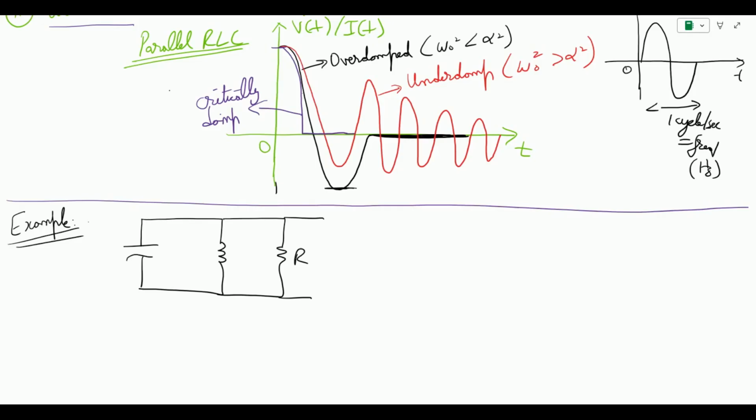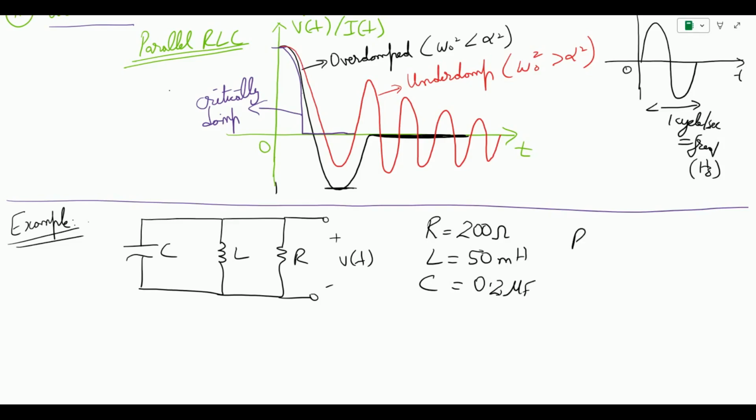So this is R, this is L, and this is C. We are given the following conditions: resistance of 200 ohm, inductor of 50 millihenry, and capacitance of 0.2 microfarad. We have been asked to find the roots of this circuit, which means we need to find S1 and S2.